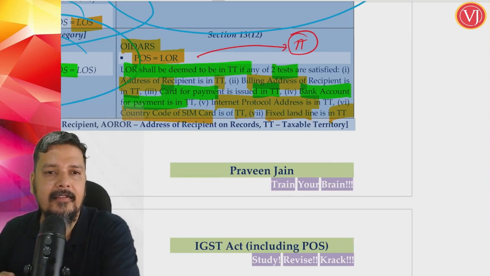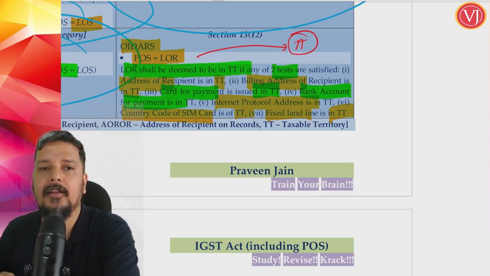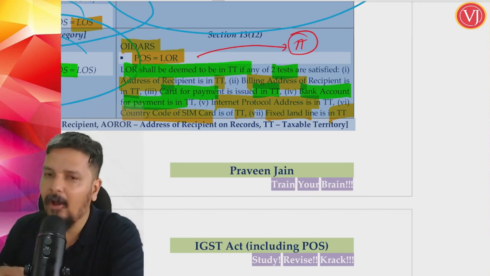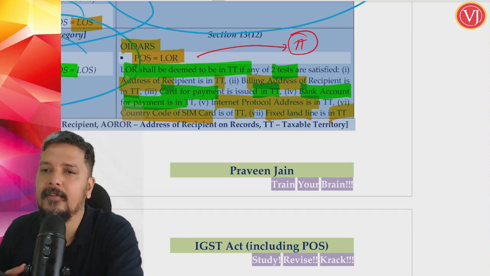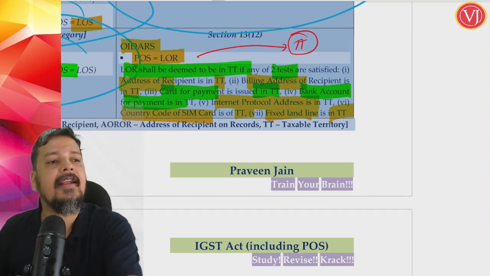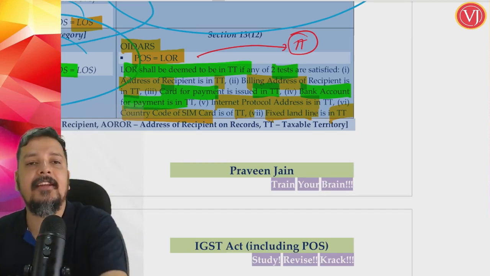First two address, next two payment modes, last three it is all about your IP address, or your SIM card if you are using your phone to get the services, or your fixed landline in taxable territory. If any two of these are in India, they will treat it as in India.